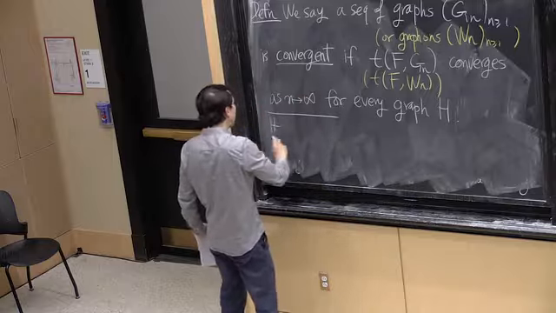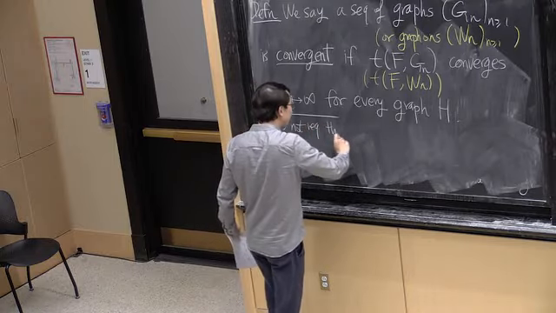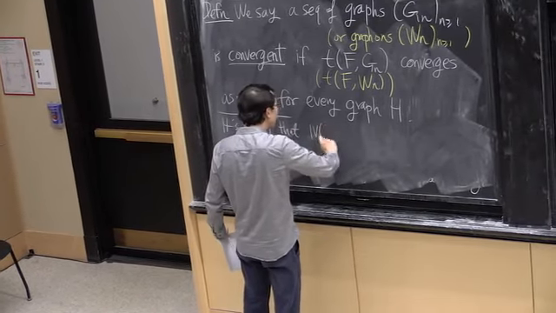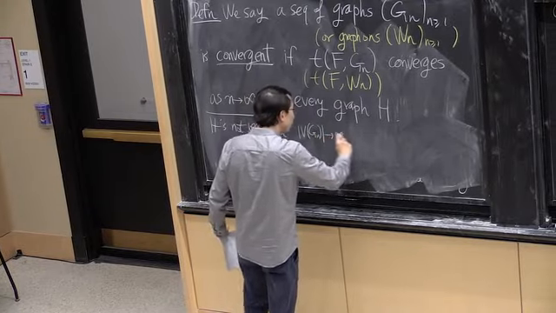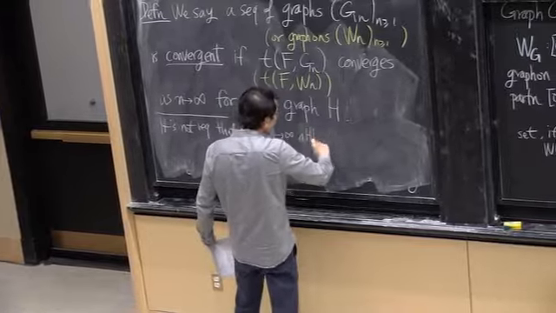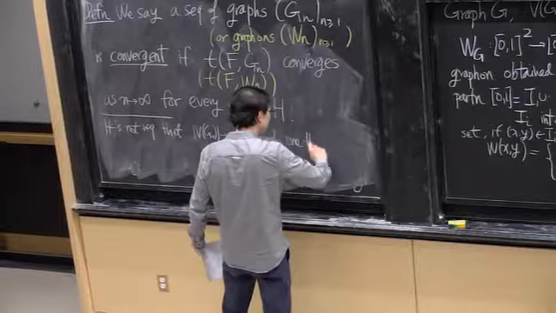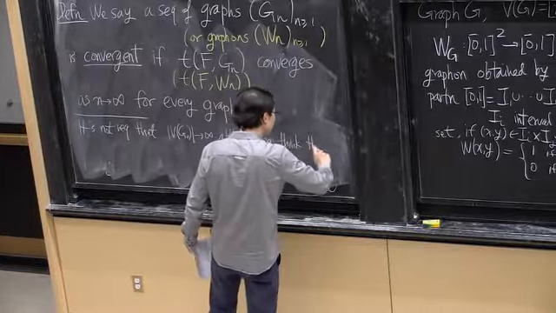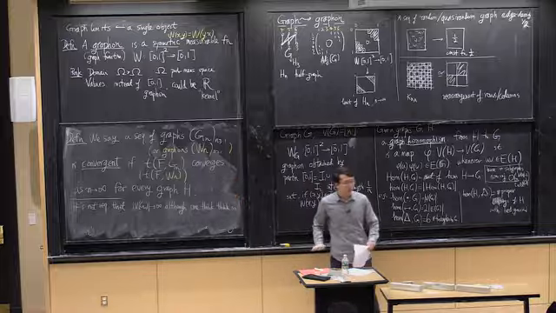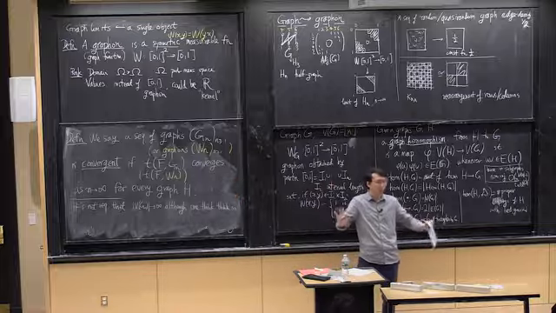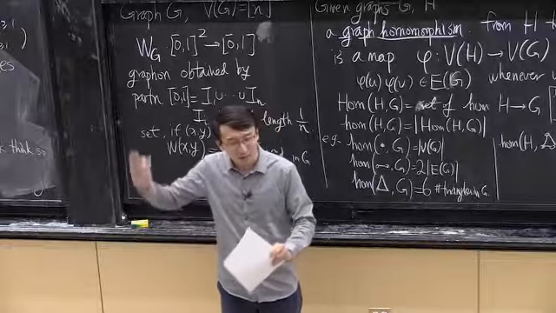Just as a remark, it's not required that the number of vertices goes to infinity, although you really should think that is the case. So I can have a sequence of constant graphs and they will still be convergent, and that's still okay. But you should think of the number of vertices going to infinity.